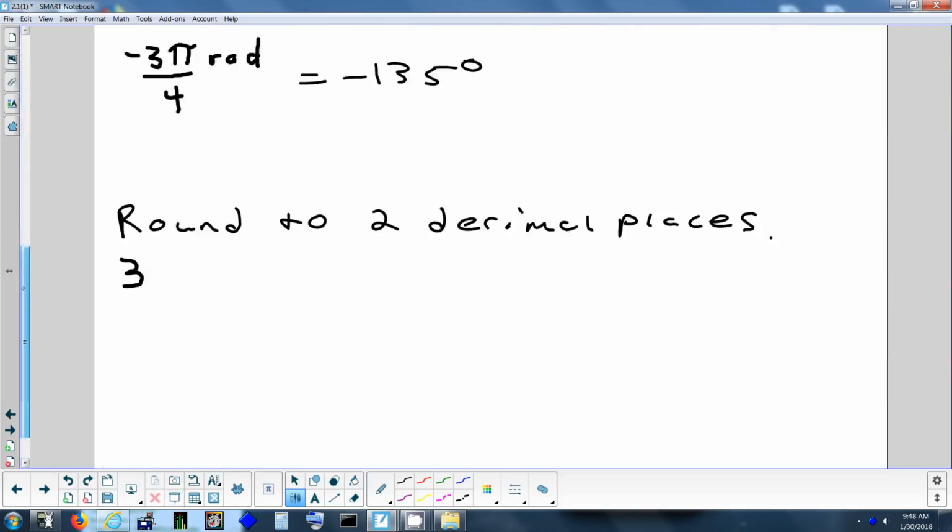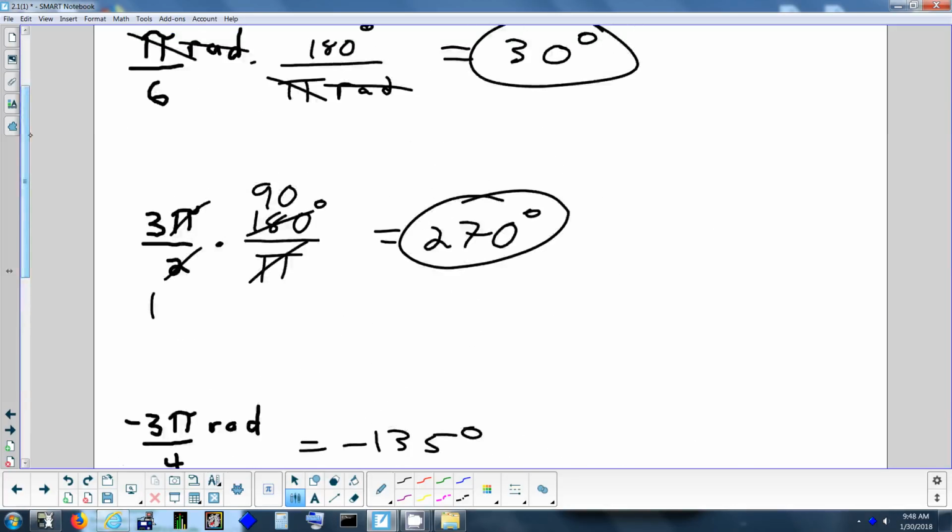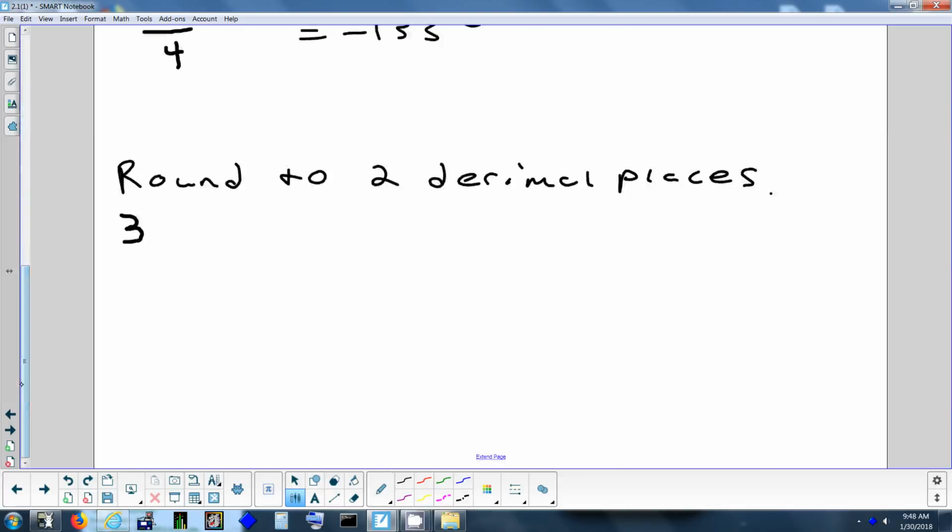Okay, so we still do the same step. Multiply by 180, divide by pi. If you want to write radians yourself, you can, so you understand. You had radians in the top, if you think of 3 as a fraction. Radians goes next to pi in the bottom. Radians just canceled.